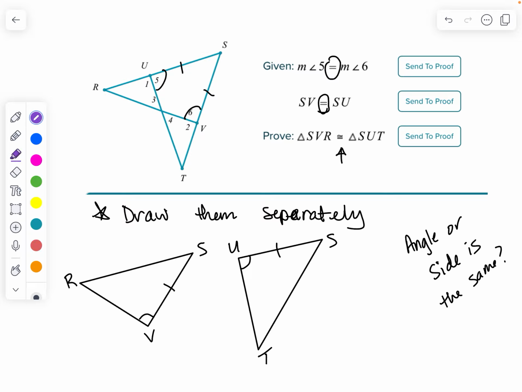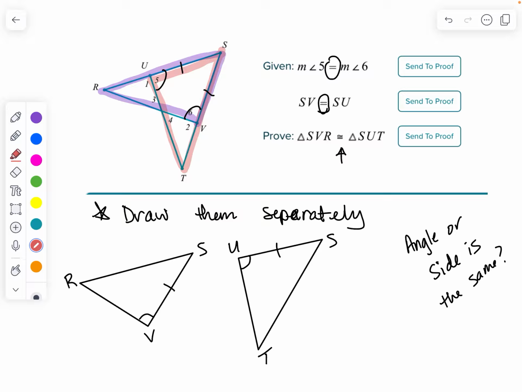And here's where I can give you a hint. Trace them both. See, SVR, trace them in different colors. So this is where Notability is really handy. SUT. Where did I trace? And I traced exactly the same. Check all my sides.